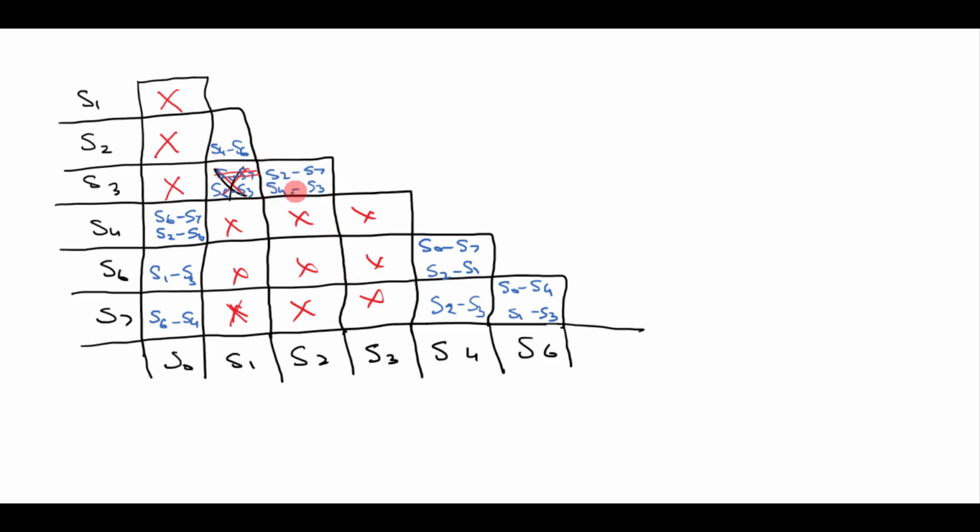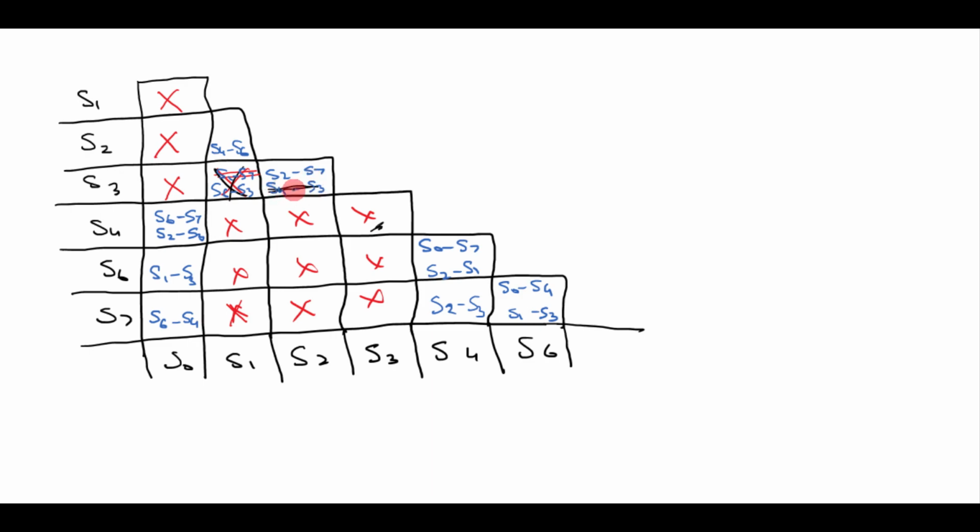Similarly, here you can observe that we have S4 and S3. Here you can see you have a cross. S4 and S3 cannot be equivalent, so this pair cannot be equivalent.